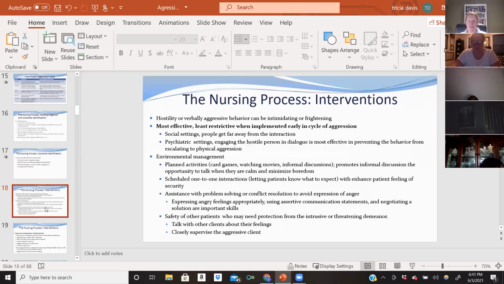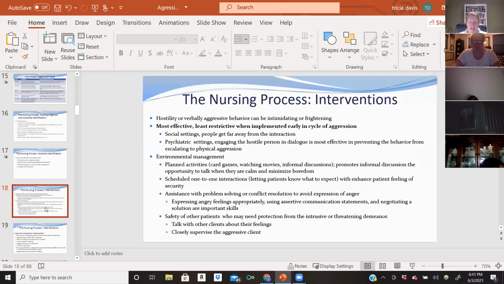So interventions. When we see a patient that is hostile or verbally aggressive, it can be very intimidating and frightening, not just to the patients, but to the nurse and the staff as well. I'm not sure that's anything that anybody, regardless of how long they've been doing it, is ever comfortable with.